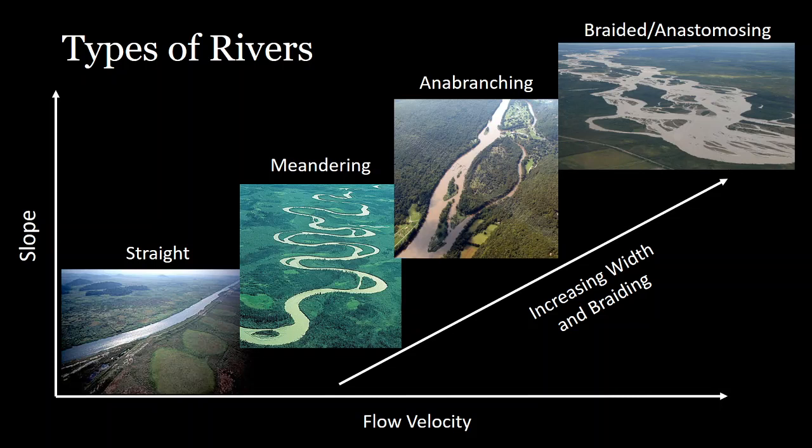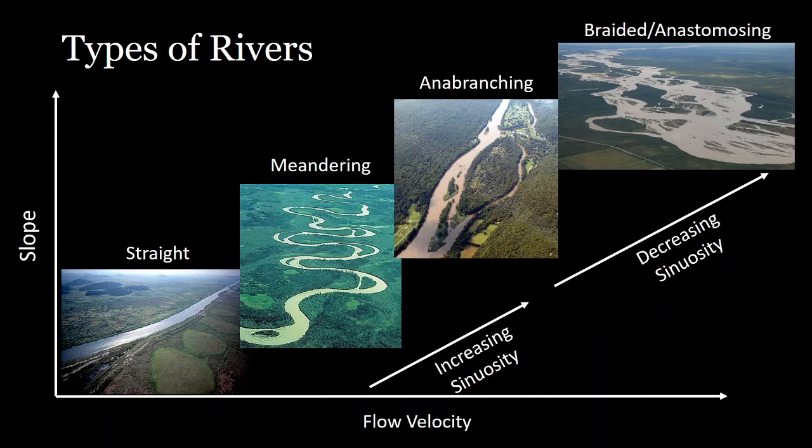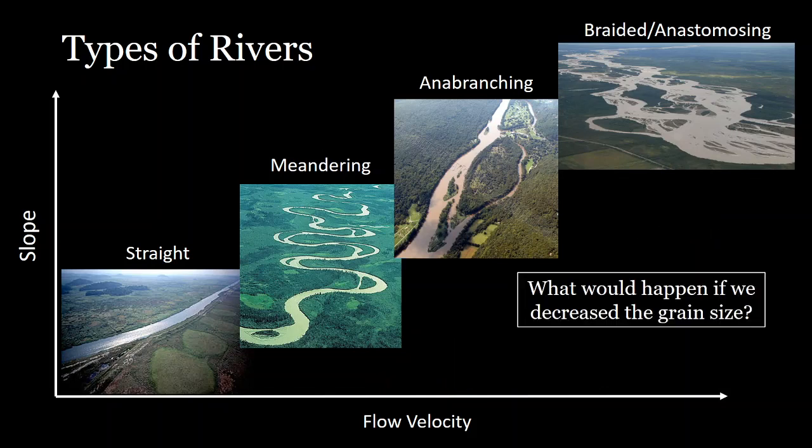And this is when you have a full lace work of streams that are moving in between each other that are trying to accommodate this excess slope and velocity. And so you have an increase in sinuosity up until you have meandering, and then you have a decrease in sinuosity as this entire river takes up a good portion of the valley.